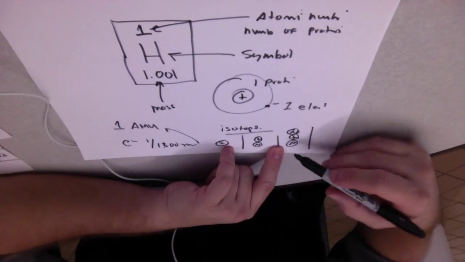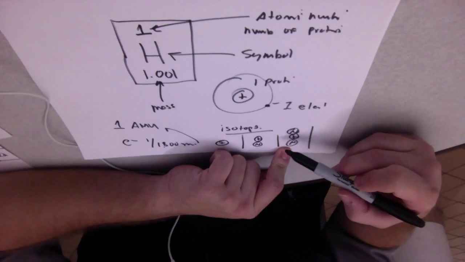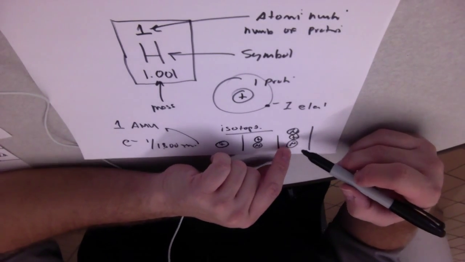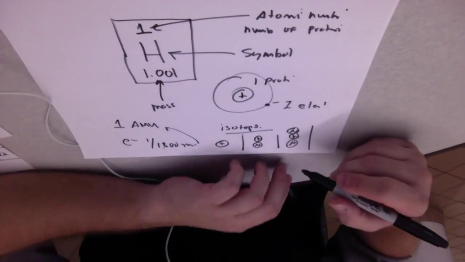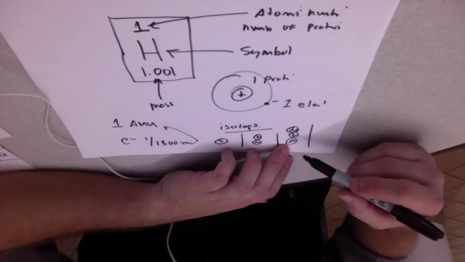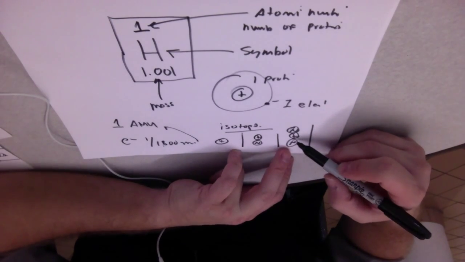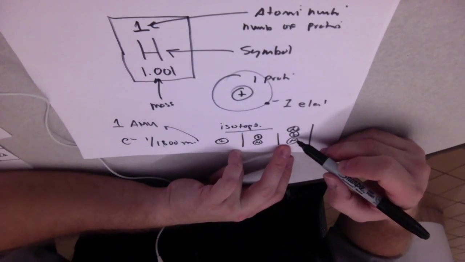And as you might guess, when I start putting lots of neutrons in there, some of these atoms can become unstable, and the nucleus may have a tendency to want to break down, okay, decay, and that's what we call radioactivity. That's one of the mechanisms for radioactive decay, a nucleus breaking down and releasing energy.